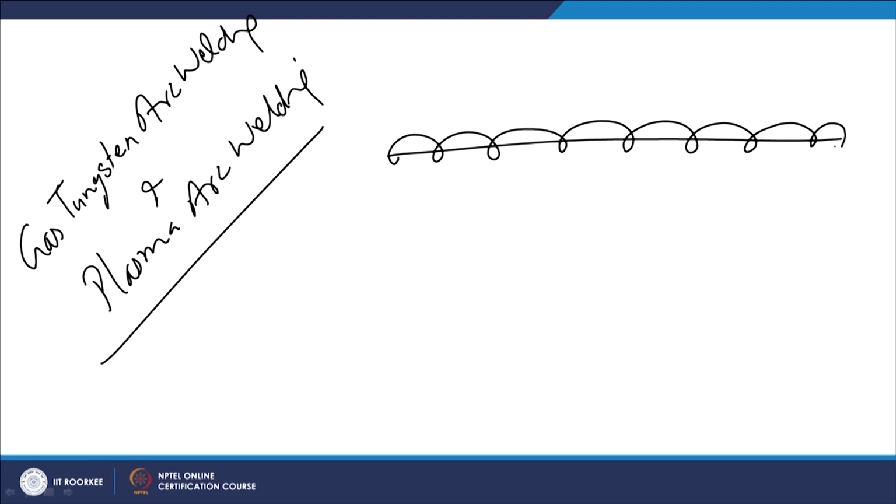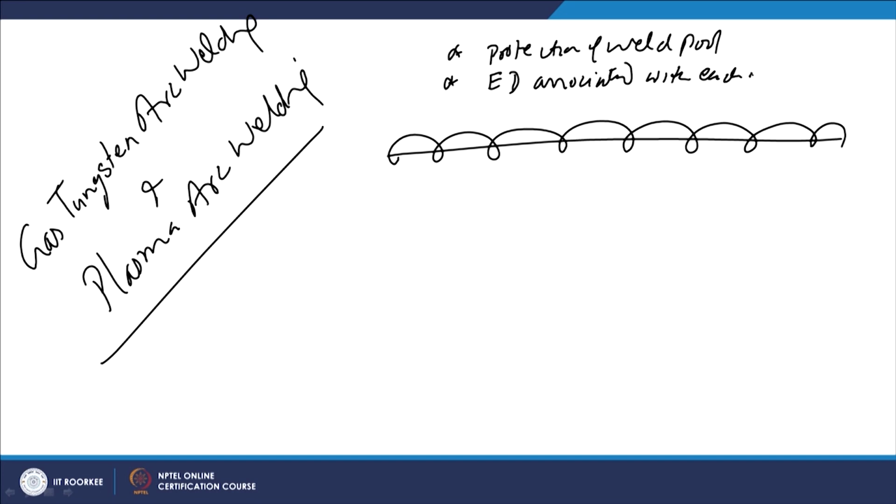The different processes work on different approaches to the protection of the weld pool which is formed while depositing the bead on plate weld, and they also differ with regard to the energy density associated with each welding process. These two factors in turn affect the quality of the weld deposit which is produced.